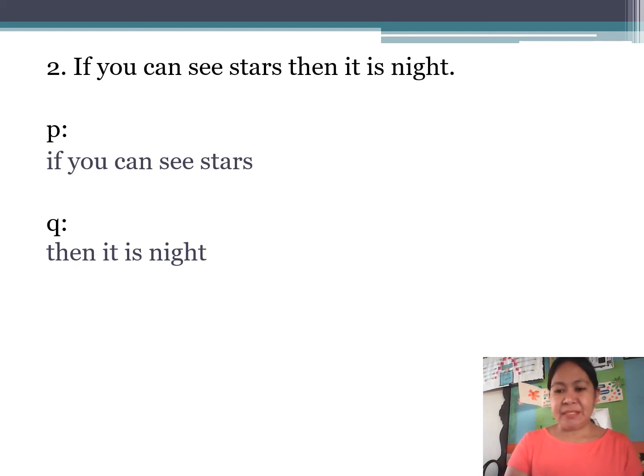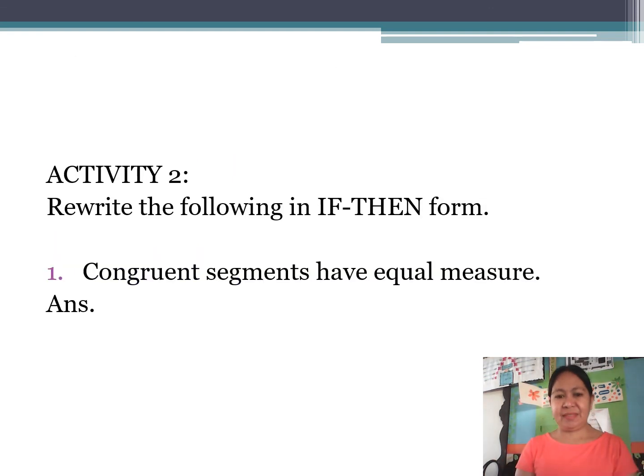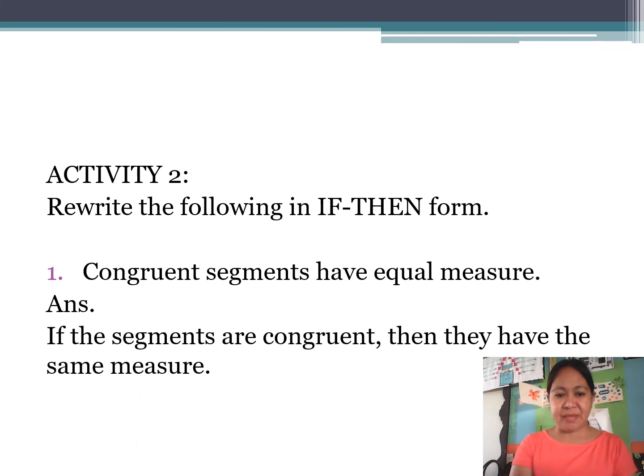Okay? So let's have another activity. In this activity, you are going to rewrite the following in if-then form. For number 1: congruent segments have equal measures. What is the if-then form of this statement? Okay, now let's check if your answer is correct.